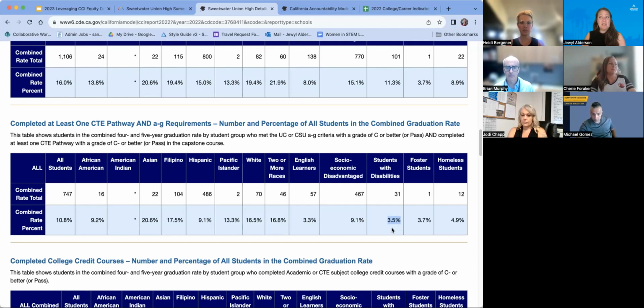So when we look at students with disabilities, if we're ensuring that they have A through G schedule and that we're supporting them academically to have all C- or better, and that they are placed in a career pathway, then they can be considered prepared just based on their course completion. And it has nothing to do with a high stakes test, right? Because a lot of our students with disabilities struggle with high stakes testing. Not that we don't want to ensure we're preparing them for those tests, but if that is one of the things that's a barrier for them, how do we ensure there's other ways for them to be prepared? And it may be ensuring that they're A through G and CTE.